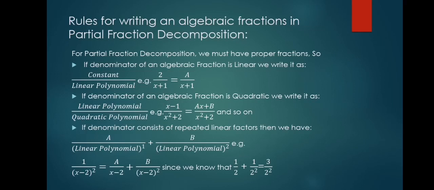We know that we can decompose a fraction into its partial fractions only if the given fraction is a proper one. If it is improper, then first we will reduce it into the sum of a polynomial and a proper fraction, and only then we will decompose the resultant proper fraction into its partial fractions.